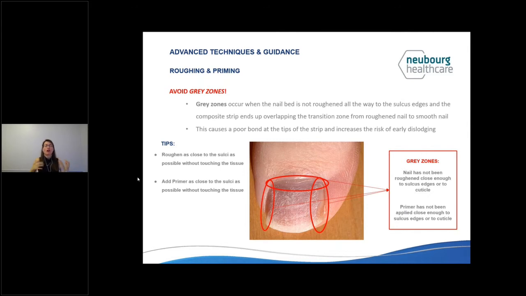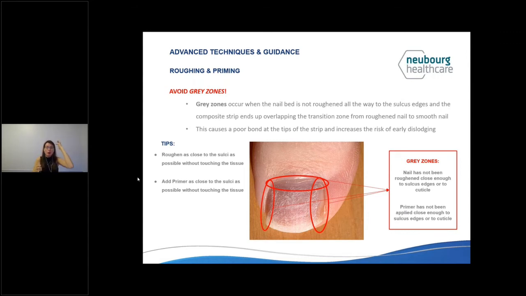Gray zones are what you get when you're roughing your nail plate, but you don't thoroughly roughen all the way down into the sulcus edges. But don't get me wrong, be careful and don't nick the tissue. You've still got to do it carefully, but you want to go as far to the edge as you can on both sides, including as far up to the cuticle as you can.